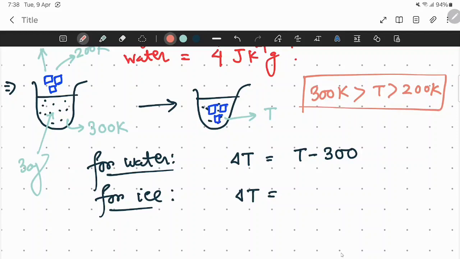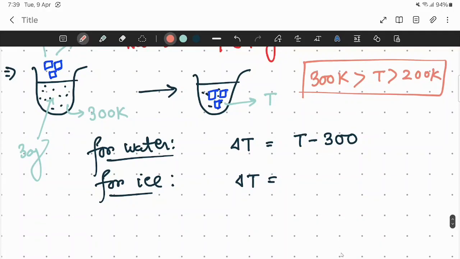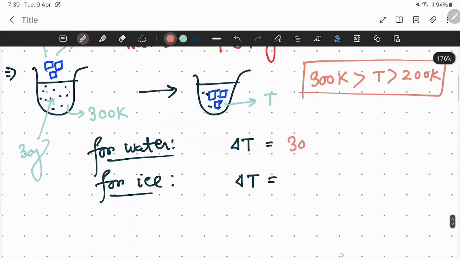Because ice is much colder than the water, the equilibrium temperature will be in between. So the temperature of water is decreasing and the temperature of ice will increase. That's why you should write it like 300 minus T.